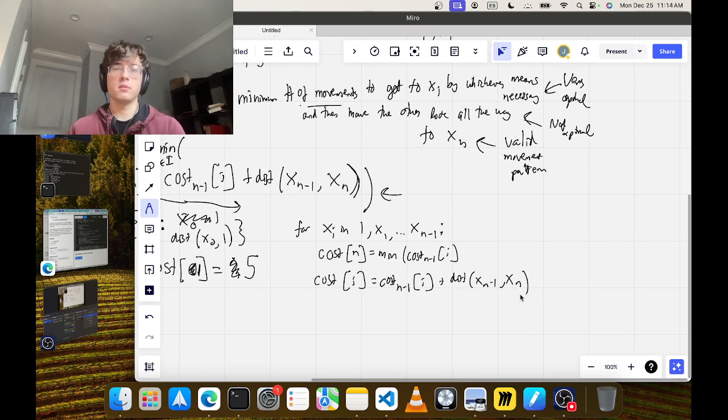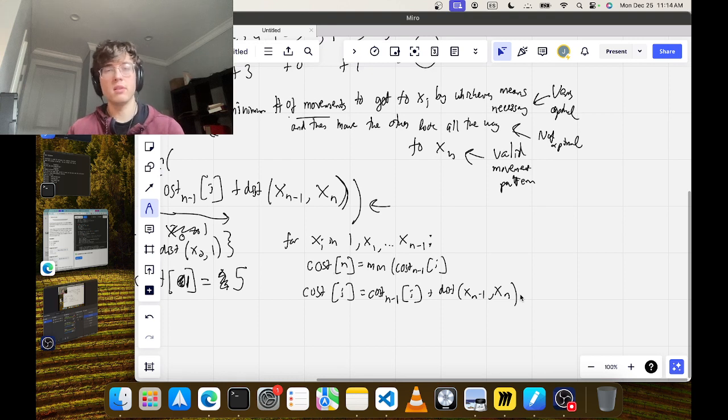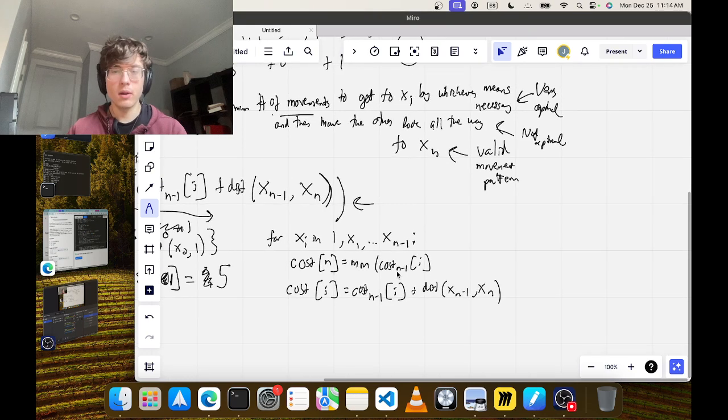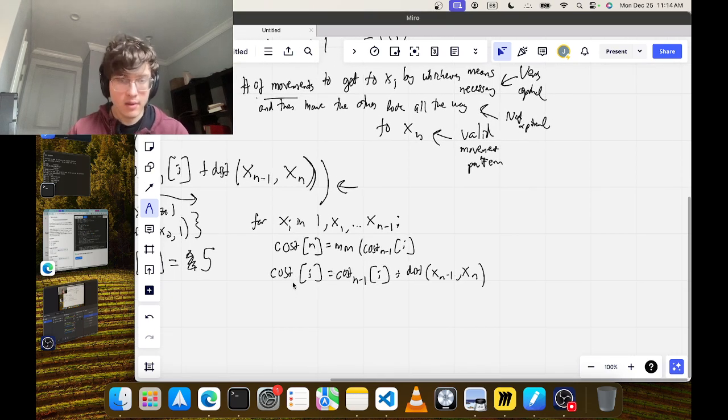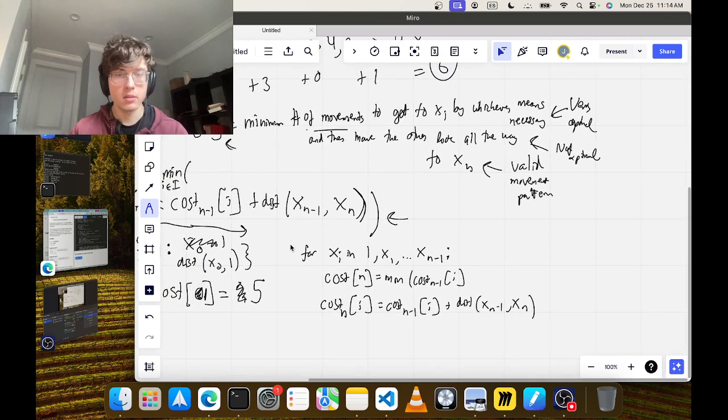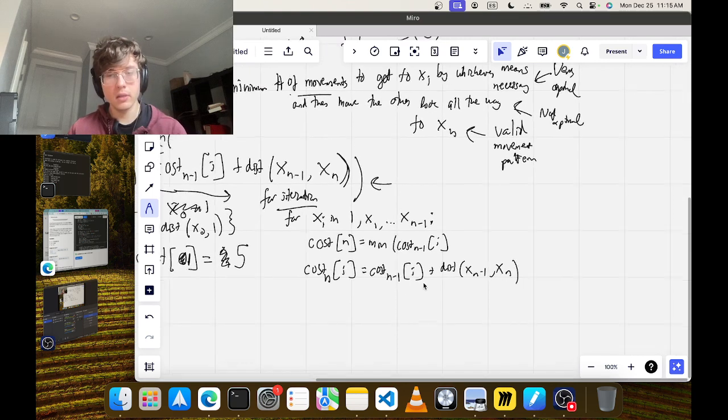By definition, this is the minimum movements to get to xi, and then move the lock all the way to xn minus 1. And now we want to update it, so it's cost of n for the nth iteration. This is for the iteration, and the iteration is currently n, this dynamic programming iteration.